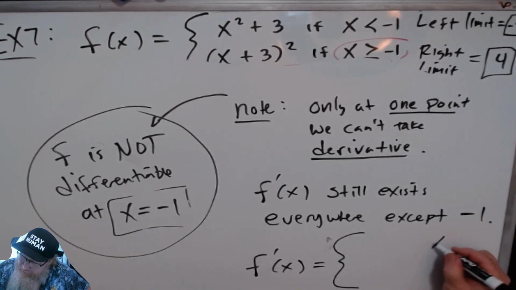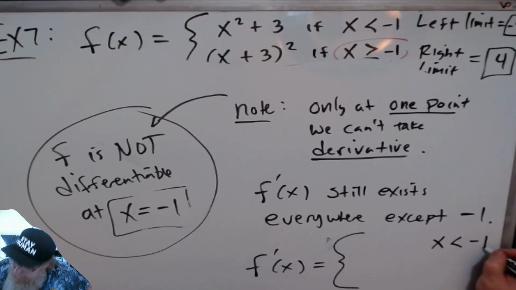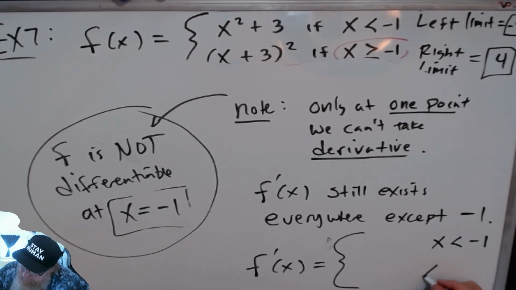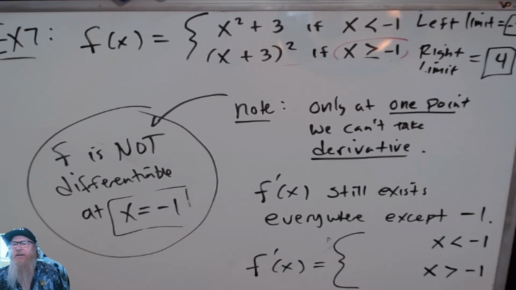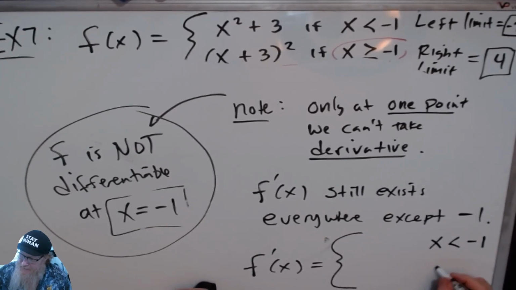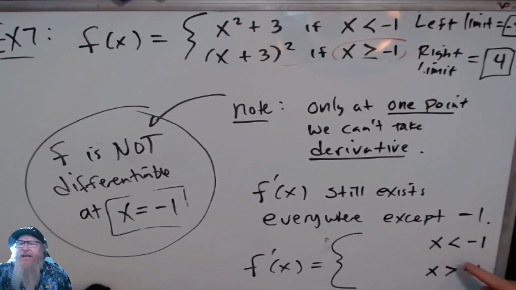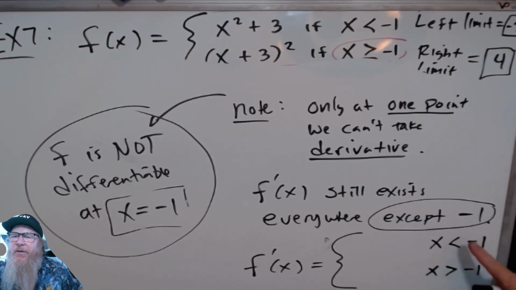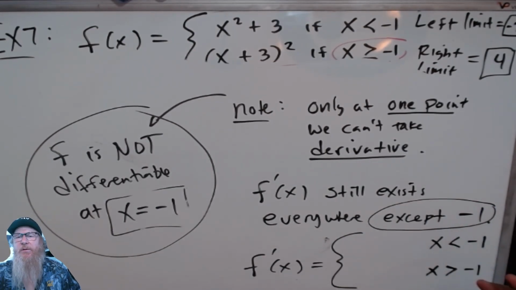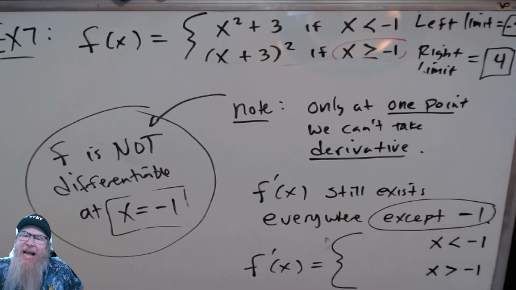The first piece is less than -1. The second piece is greater than -1. X is greater than -1. And there is no point where the derivative is evaluated at x equals -1.